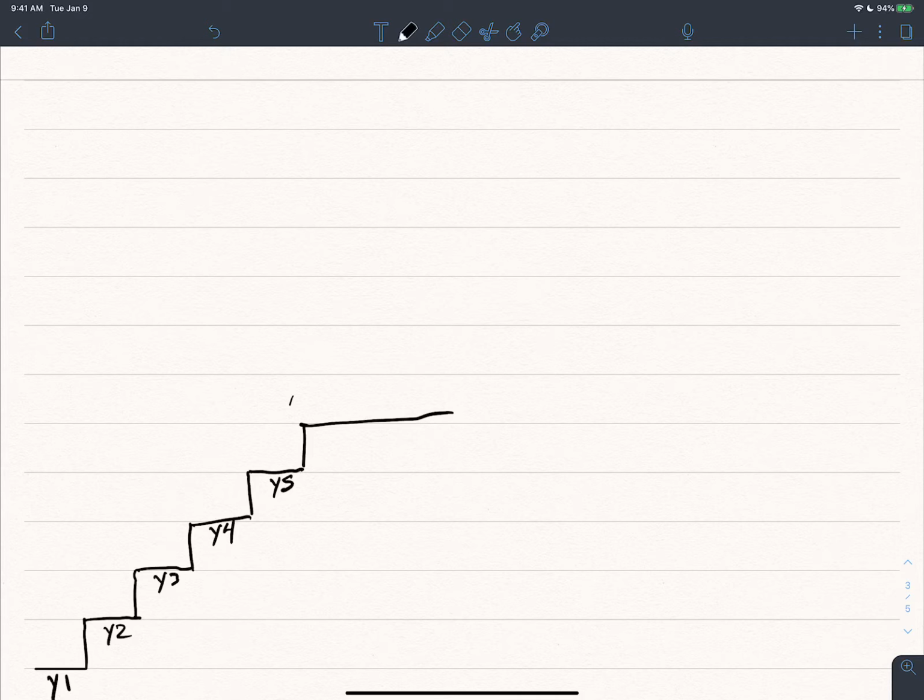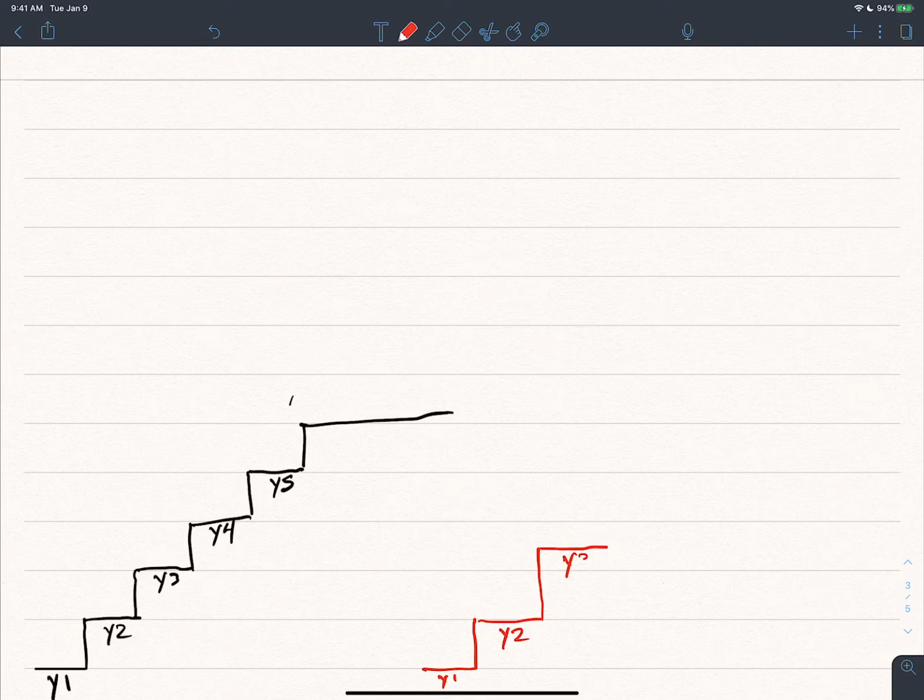But with compound interest, on the other hand, we are not going up by the same amount. The amount that we go up by is based on how high we went up the last time, right? Or where we were the last time. So with compound interest, year 1 looks the same. So that's year 1. But then when we get over to year 2, instead of going to the next line, we go a little higher.